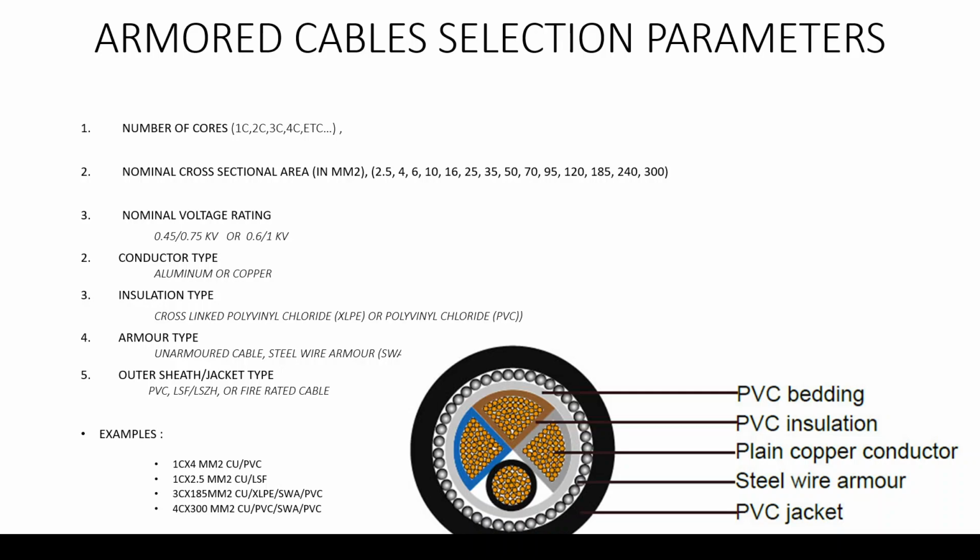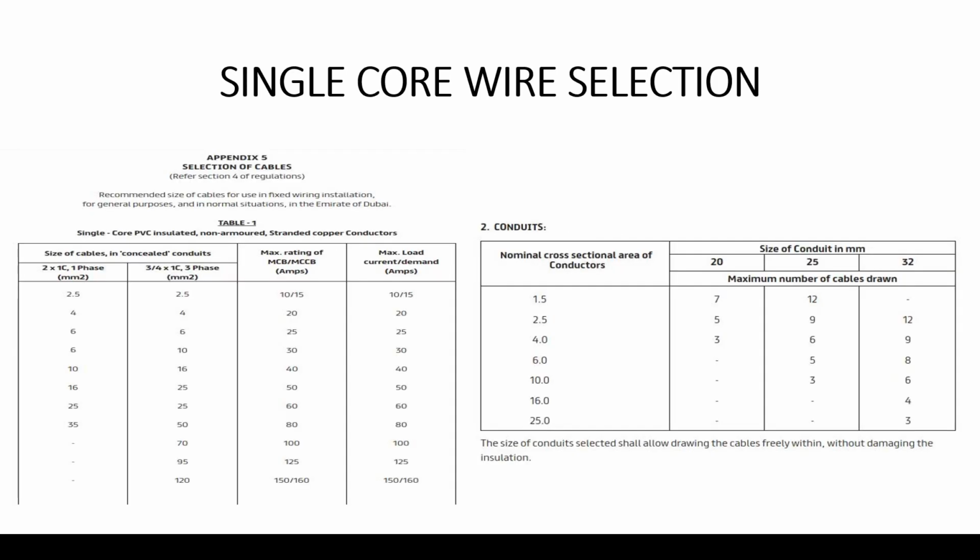Okay, so I will now move to the next part, which is cable and wire selection. How do you select the suitable wire and cable required for the application? Let's go briefly over each one of them. We will start with single core wire selection.